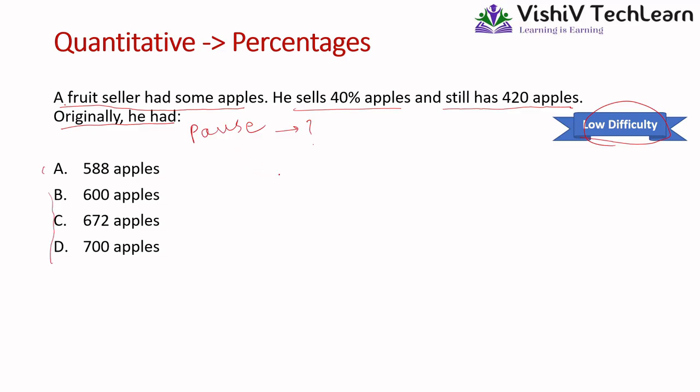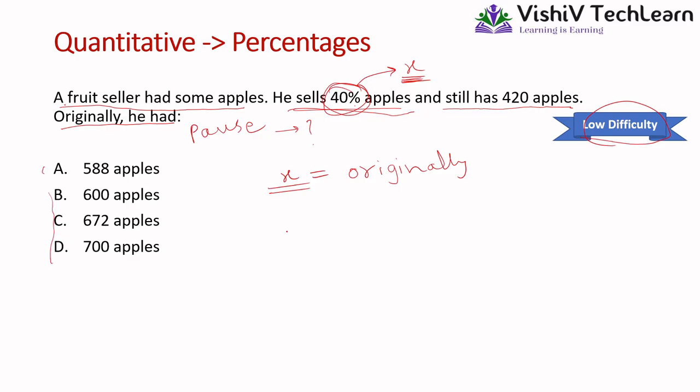Initially, we can assume the fruit seller originally had X apples with him. Now what is given? He sold 40% of the apples. This 40% is linked with X. Originally he had X apples, so out of those X apples he sold 40%.